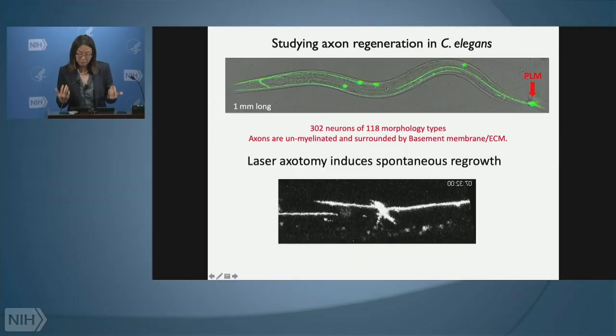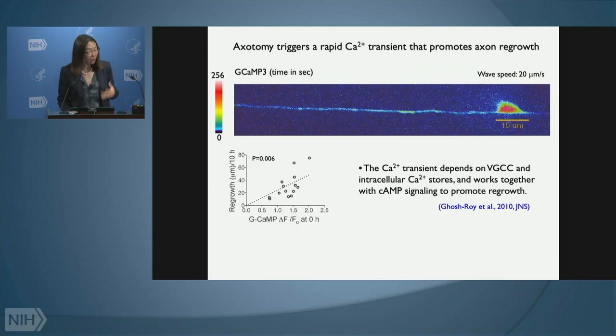So when we established the laser axotomy assay, we decided to take advantage of C. elegans single-cell and transgene applications to probe the underlying mechanism. The first thing, as we all know, is that calcium is generally the first responder to a lot of traumatic injuries.